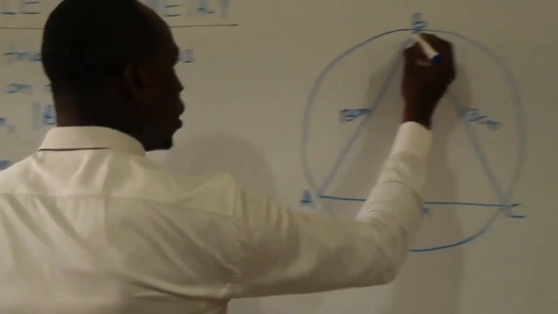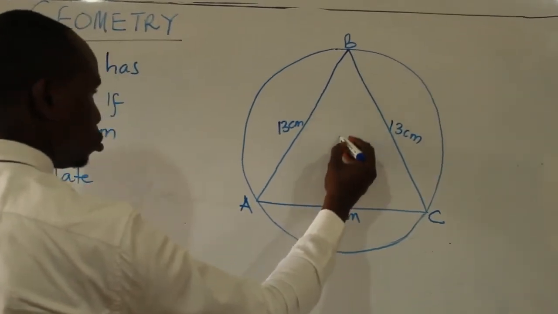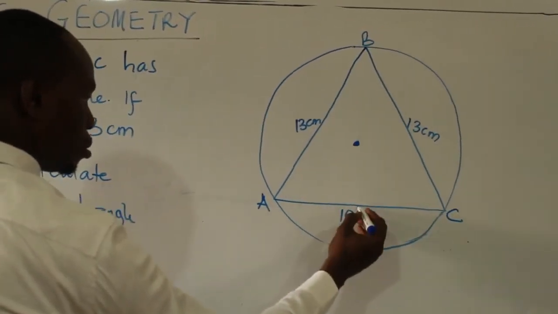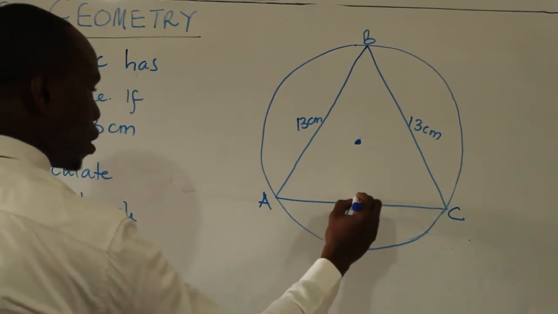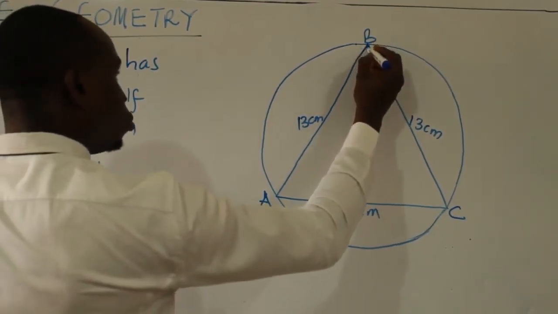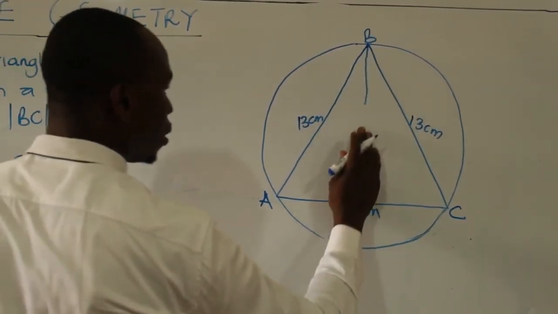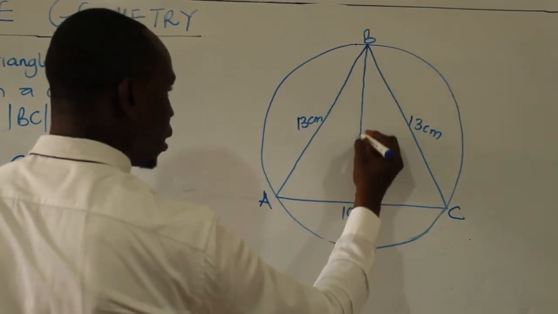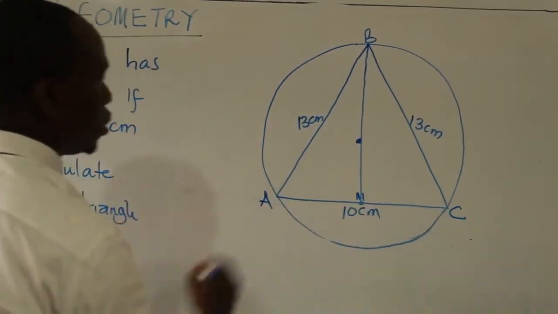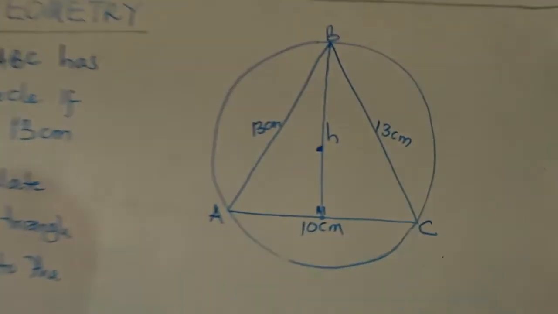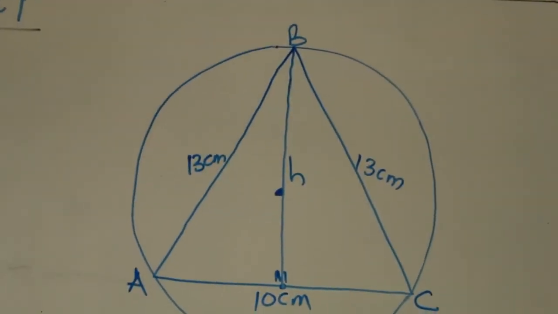The height BM of the triangle means a line drawn from B to cut the base at a point here. So this is where my M will be. If I draw a line to cut the center, this is the height in question that we want to find.